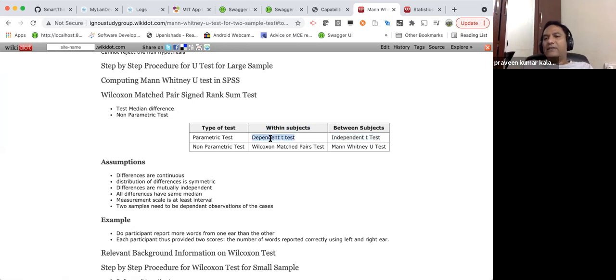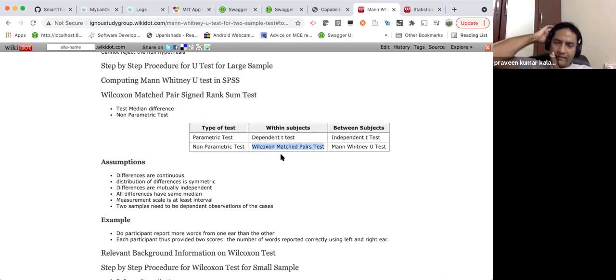This dependent t-test is also called a paired t-test. In the t-test class, I explained 3 types of t-test, and the paired t-test is one of those. I don't know whether you remember it or not. The paired t-test or dependent t-test is within subjects. The equivalent of the paired t-test in the non-parametric world is the Wilcoxon matched pairs test.